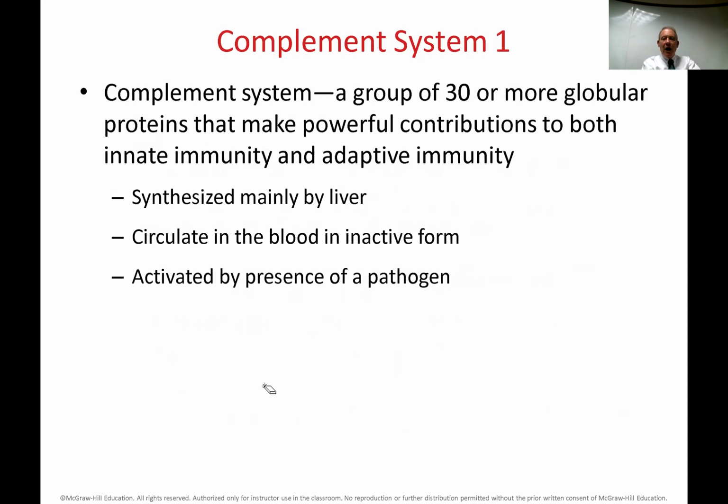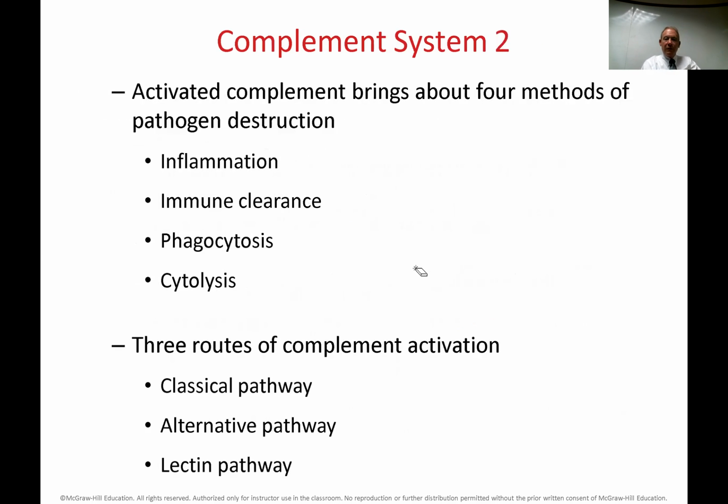And these complement proteins are made by the liver, and they circulate through the blood in an inactive form. What activates them? A pathogenic microorganism. That flips the switch. So complement helps destroy pathogens. We have a lot of things working together, right? We haven't even talked about antibodies yet. We have a lot of things working together to help keep us infection-free.